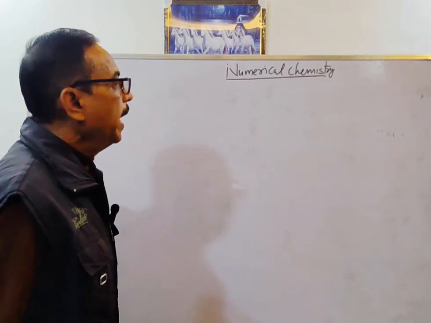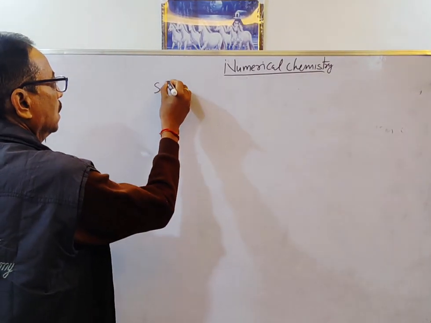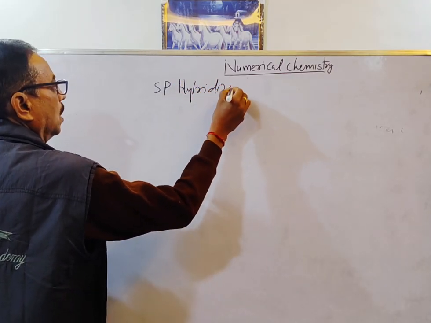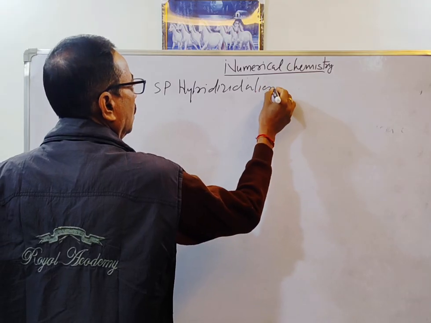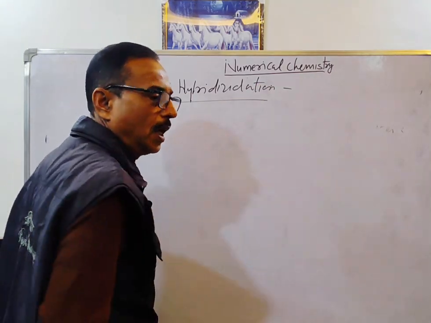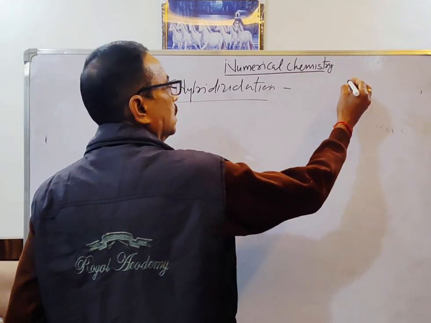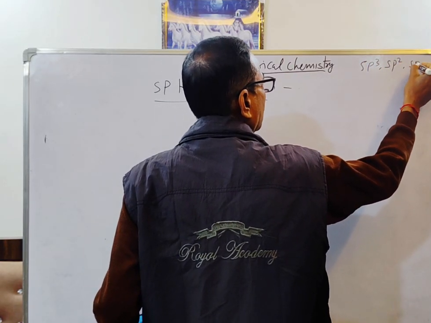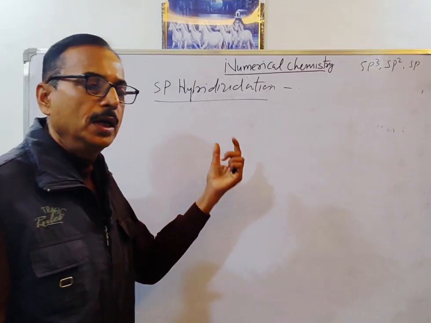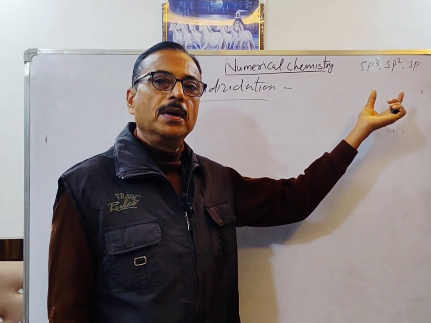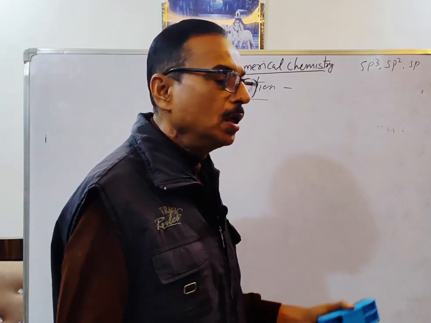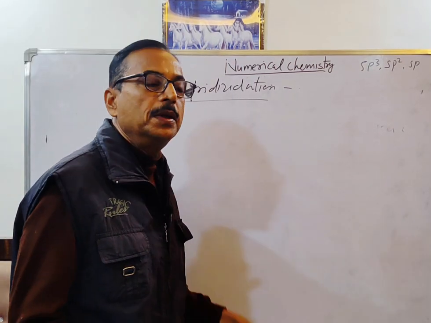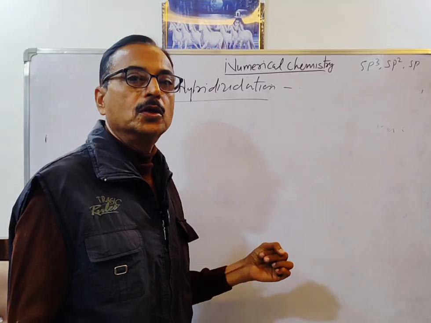Now we discuss sp hybridization. We are here telling you three types of hybridization: sp3, sp2 and sp, because the carbon atom shows this type of hybridization only. But hybridization also depends upon the orbitals which participate in the hybridization process.